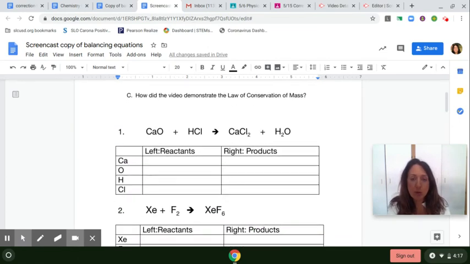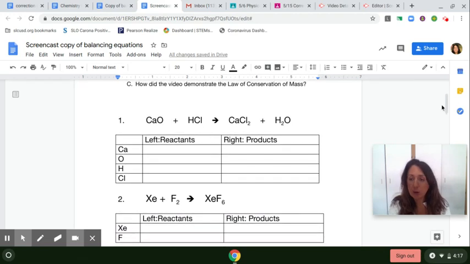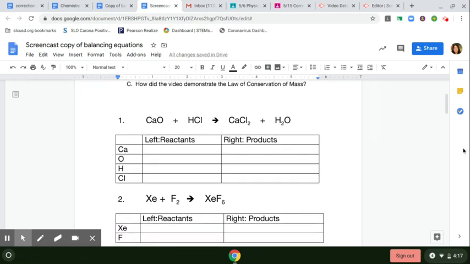Okay, now we're going to go on to do these practice problems. So I'm going to close this box here. To balance these equations, you just needed to count the number of atoms on each side of the equation and make sure that they balance. So let's start. The first one we have Ca, which is calcium.